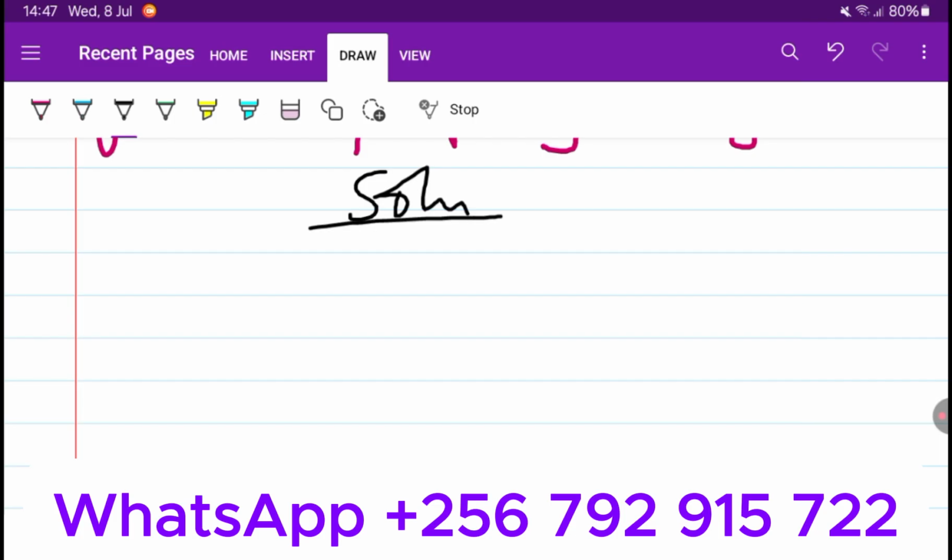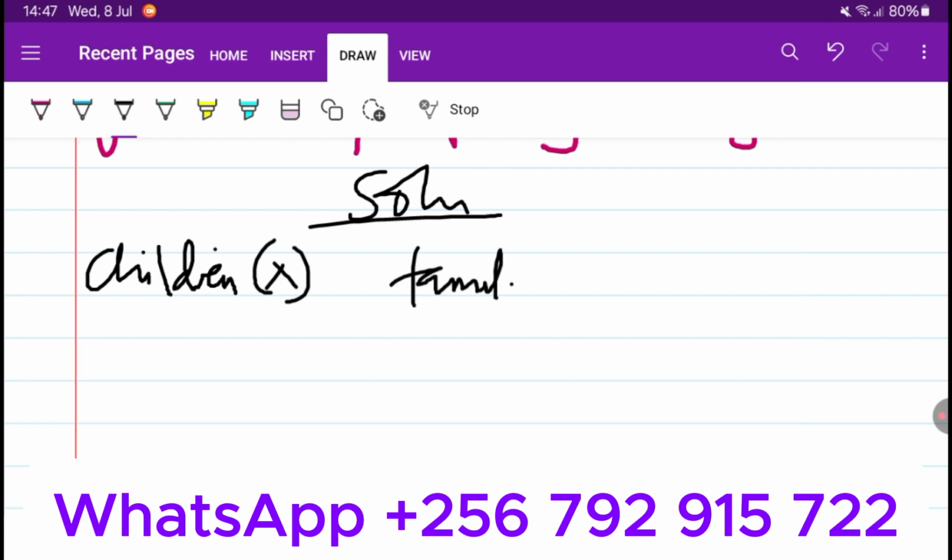Solution. We said we are going to use number of children. Maybe you can just use children. These are our x. Then the number of families, we can just use maybe families. These are going to be our frequency. Then summation fx.